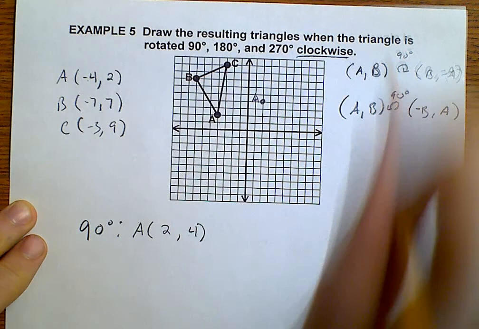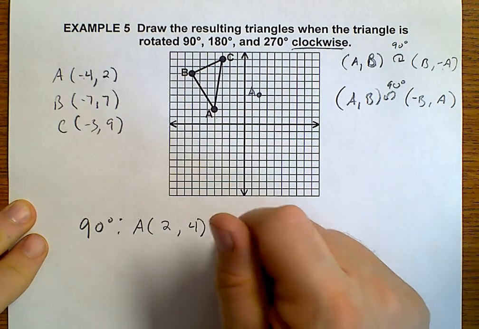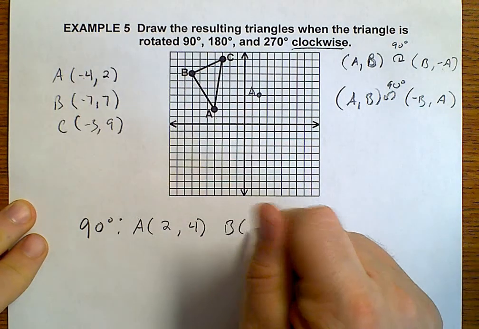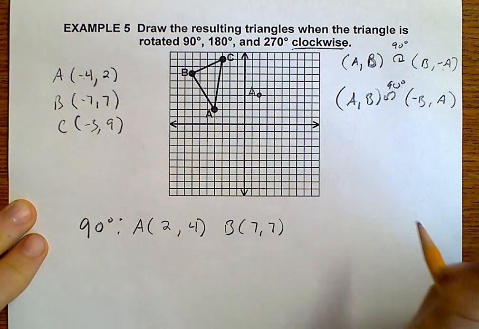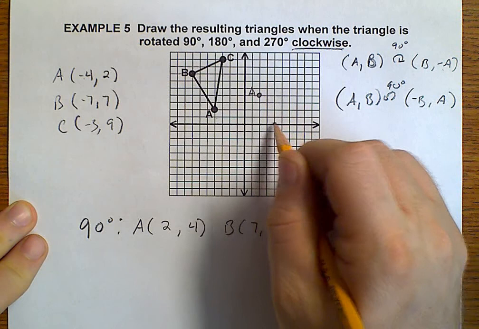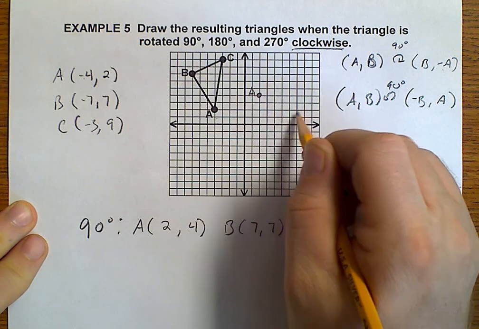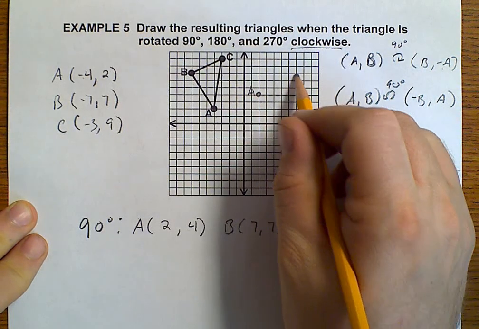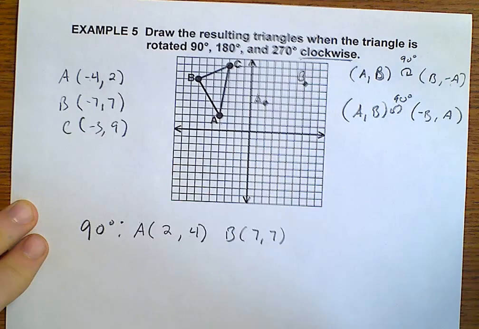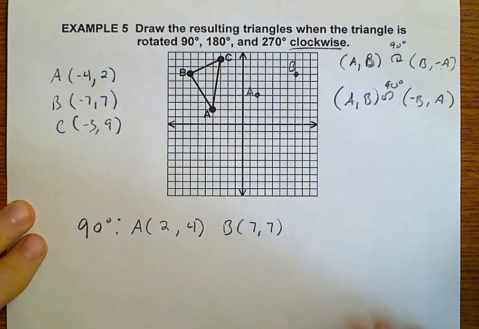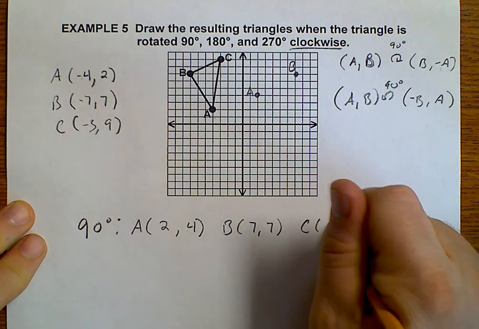Now B, well, it was at negative 7, 7, so now it's at positive 7, positive 7. 1, 2, 3, 4, 5, 6, 7. And C at negative 3, 9 becomes 9, 3.